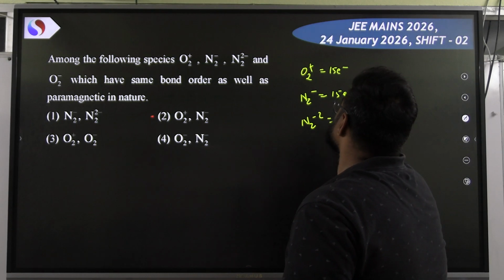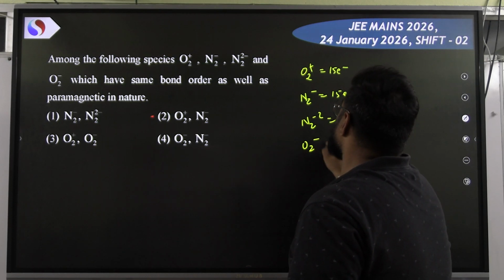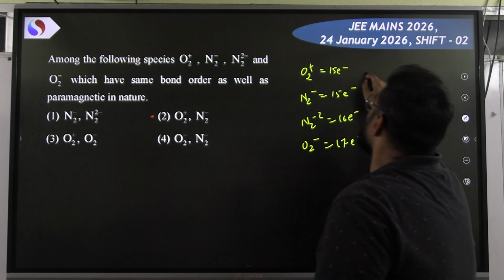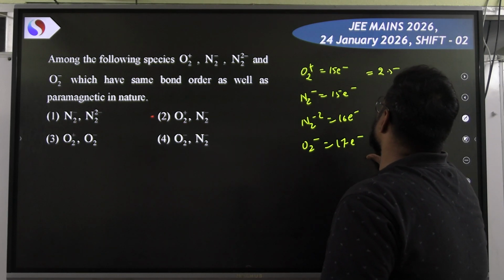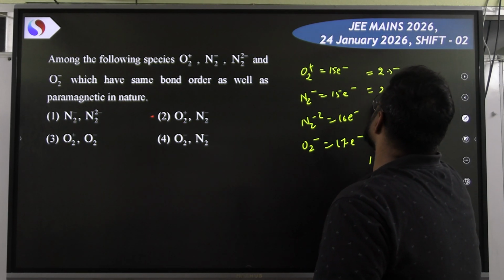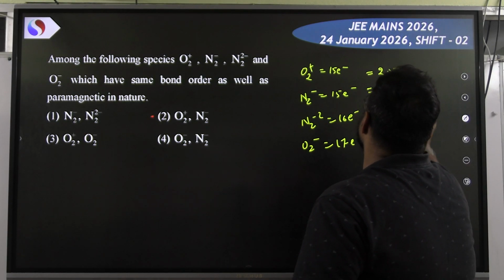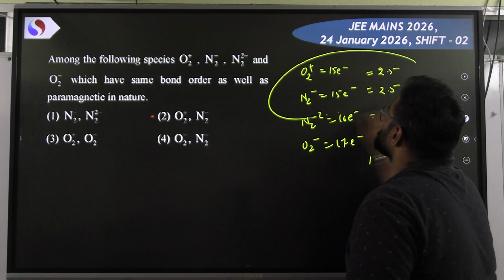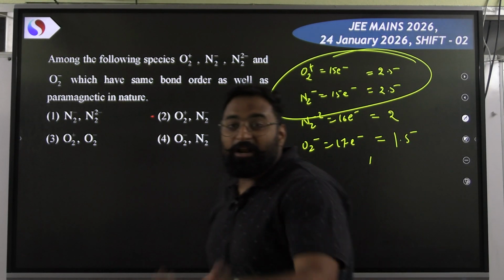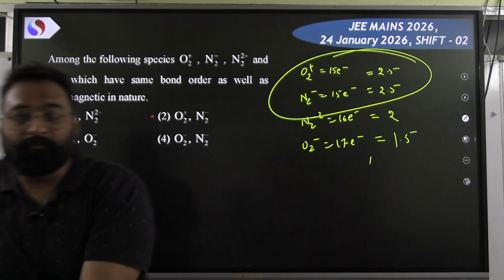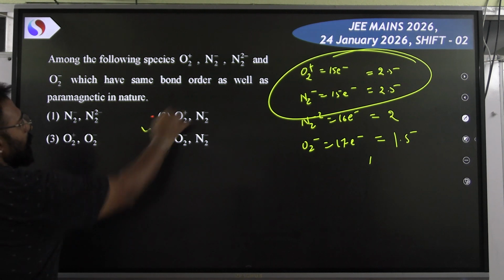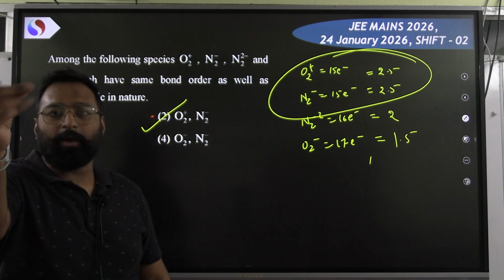N2 minus 2 means 16 electrons. O2 minus means 17 electrons. For 15 electrons, bond order is 2.5. For 16 electrons, bond order is 2. For 17 electrons, bond order is 1.5. So for this, bond order and unpaired electron will always be same. So your correct answer is O2 plus and N2 minus. Very quick, very quick.